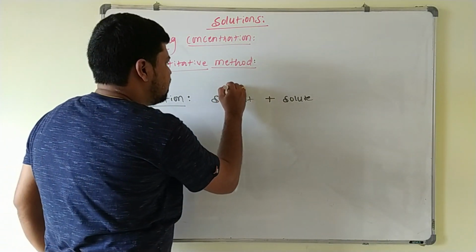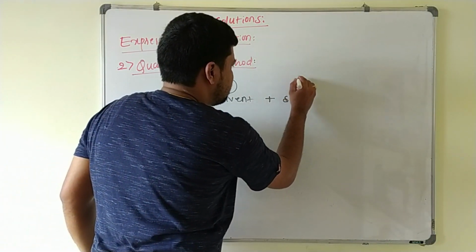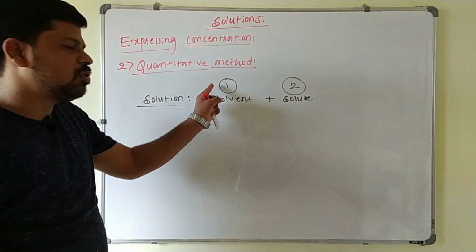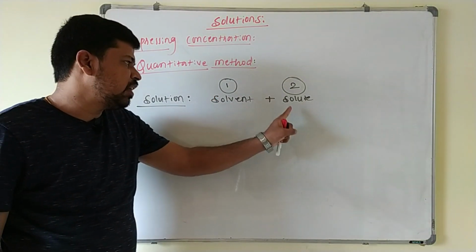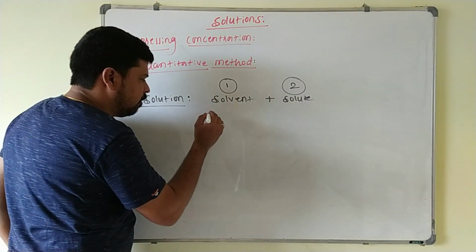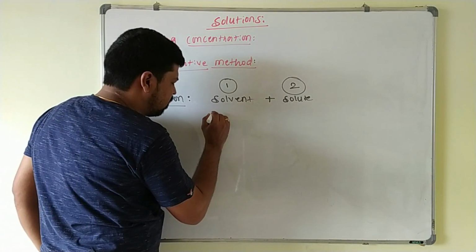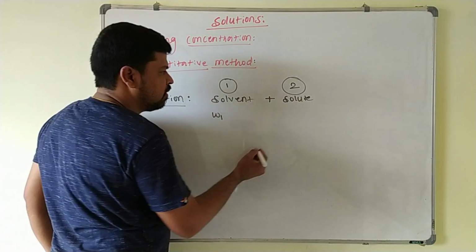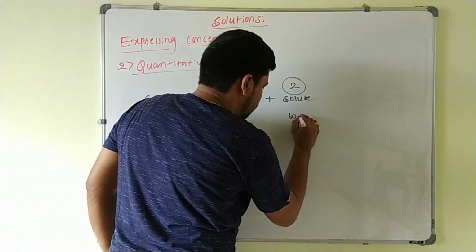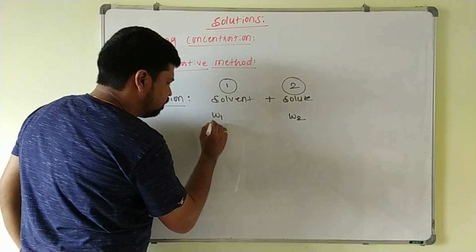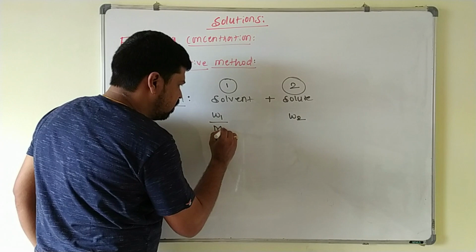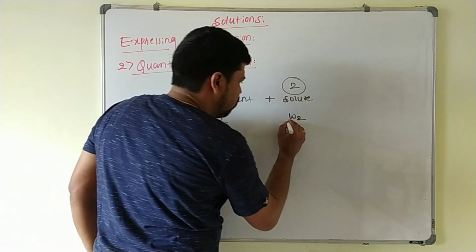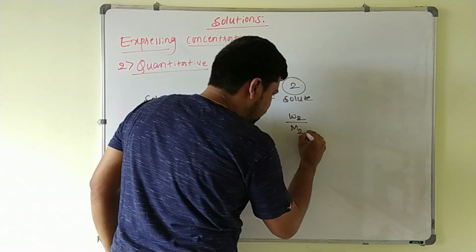I will call this component 1 and this component 2. Solvent is always taken as component 1, solute is component 2. Mass of the solvent is W1, mass of the solute is W2. Molar mass of the solvent is M1, molar mass of the solute is M2.